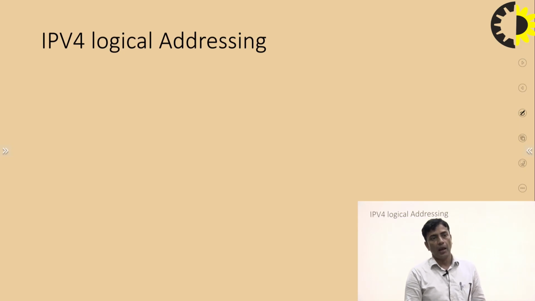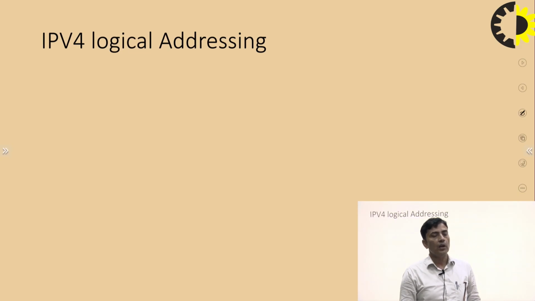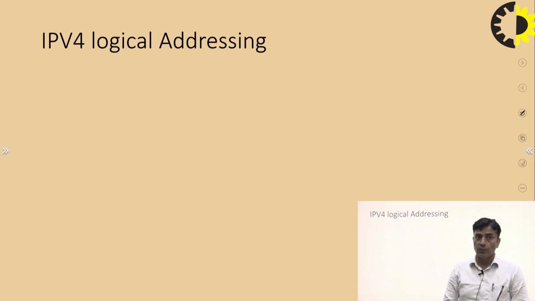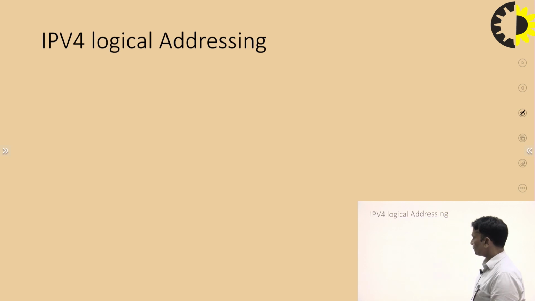Each and every node connected to a particular network has its own IP address: a 32-bit IP address if we are talking about IPv4, and a 128-bit IP address if we are using the IPv6 header.